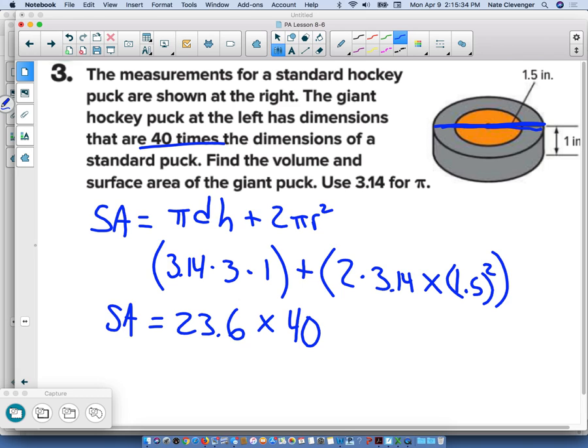Cube? Square. We're dealing with the area. So it's squared. That's 37,680, and it's in inches squared because we're still in area.